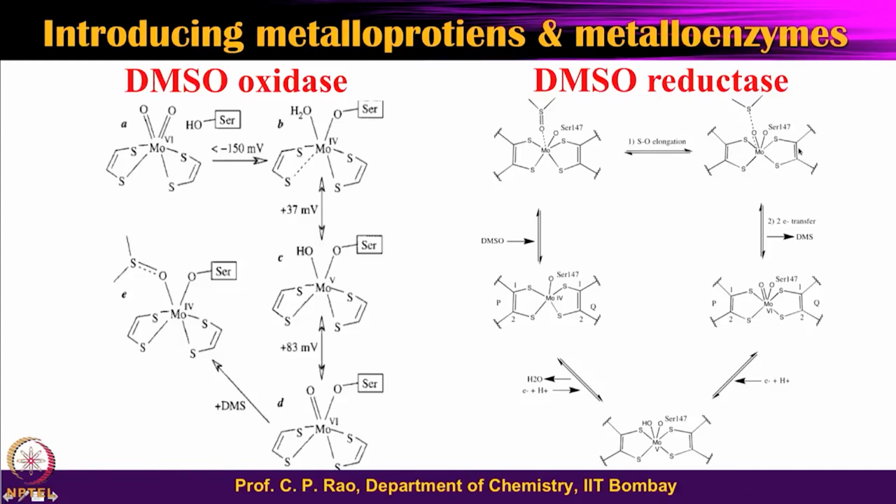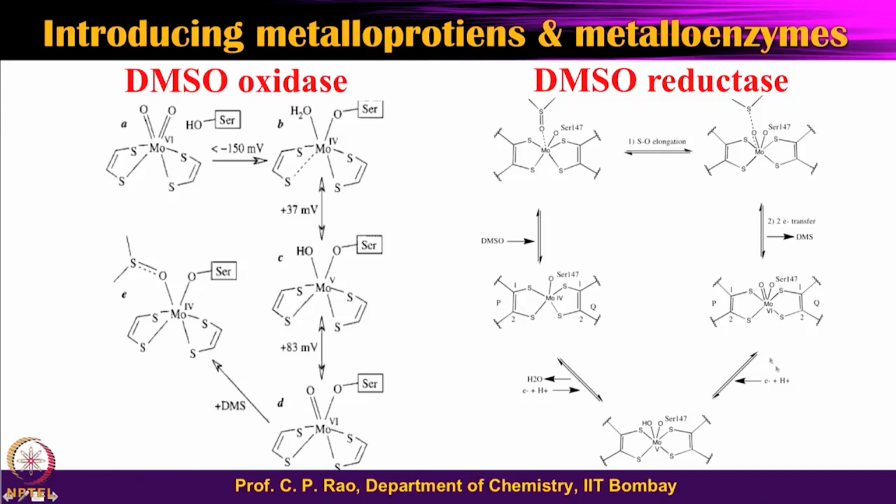and you can see the changes happening, or we can take even the prior form of this, the molybdenum with serine, DMSO, and the DMSO binds over at the molybdenum center. Okay. And then this again changes its redox potentials, also the electron transfer reaction, then it will go to the 6.